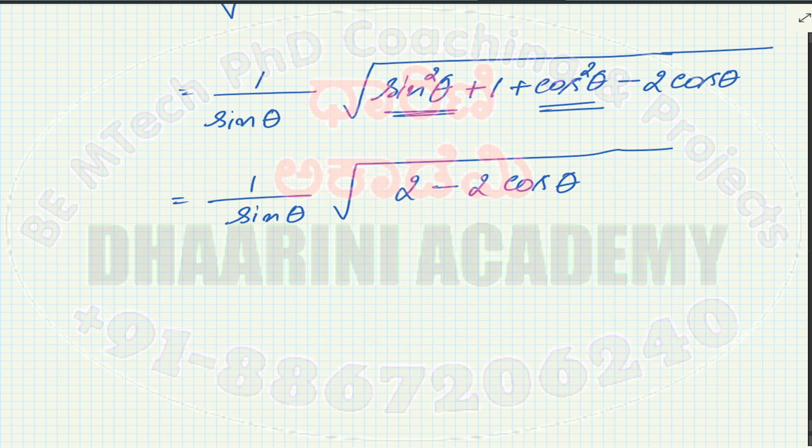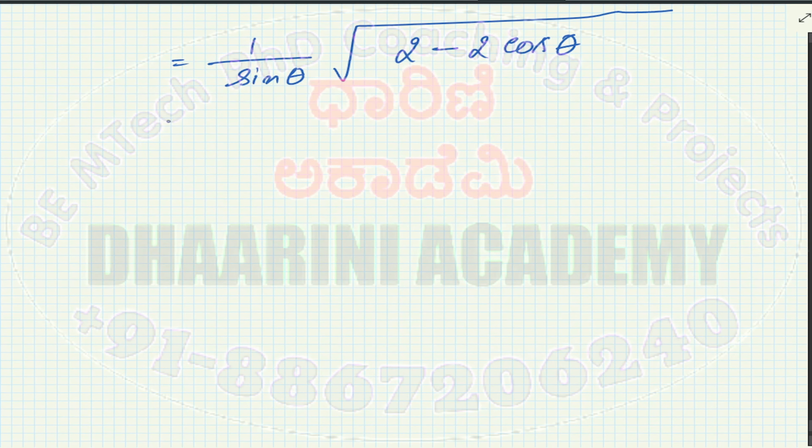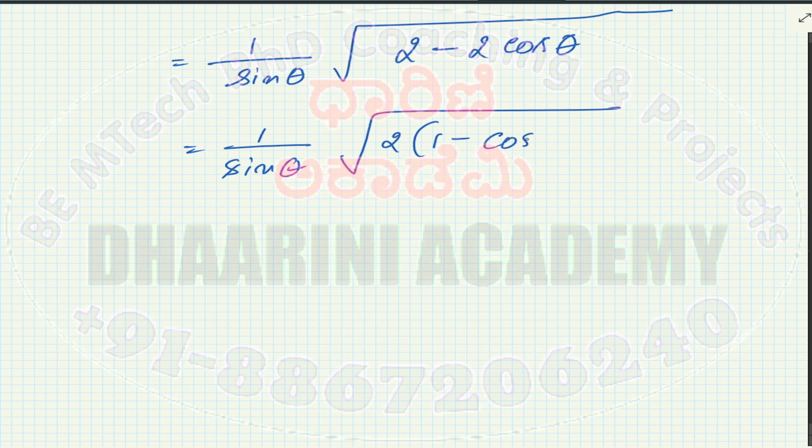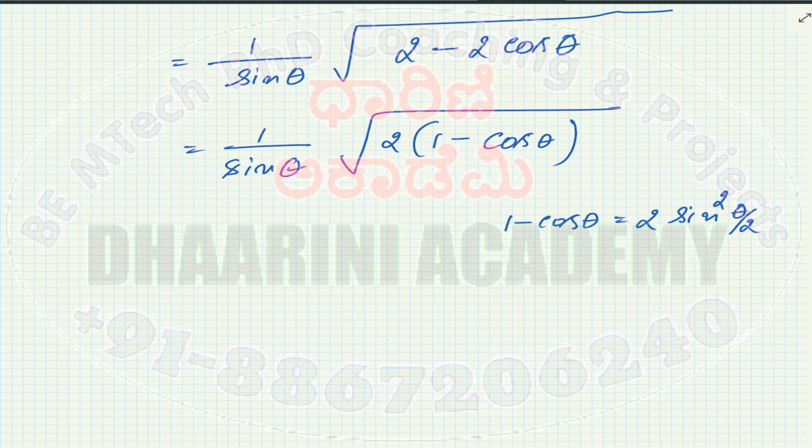So already we have solved this square root term, so let's quickly write the same thing here. This is sine theta into square root of this is 2 into 1 minus cos theta. So I know that 1 minus cos theta is equal to 2 times sine square theta by 2 from the basics of trigonometry.